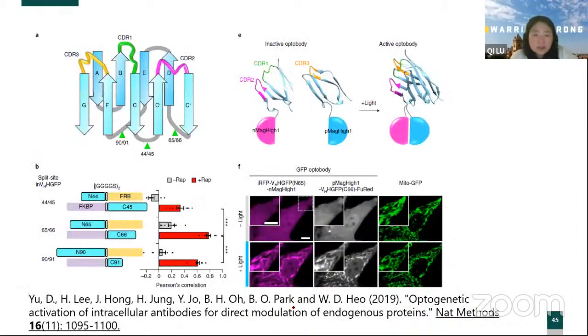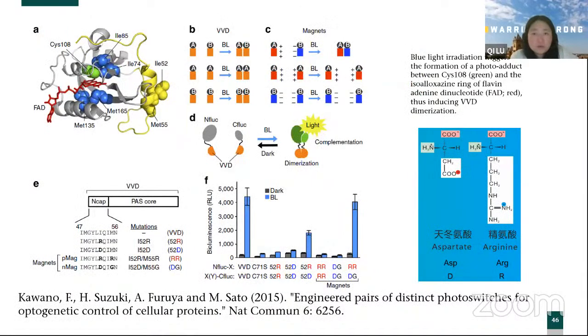Very recently there is the nanobody, also called optobody, quite similar to what we talked about in the previous lecture, the Magnets. These are two different parts that cannot bind by themselves, but need an N and a P, like negative and positive, two different forms of heterodimers.